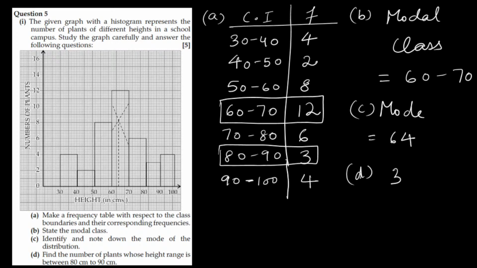You can write: number of plants whose height range is between 80 to 90 is equal to 3. Just opposite to that you can see, or from the frequency table also you can see. So such an easy question in 5 marks. If you're able to do it, it's good. But I can see there is no interest. Only one student is giving the answer.